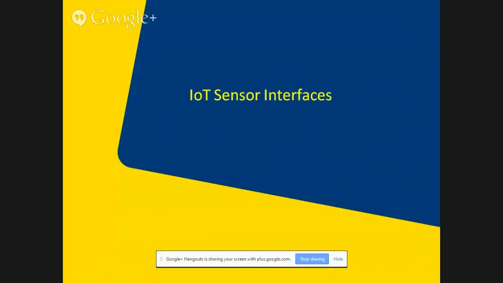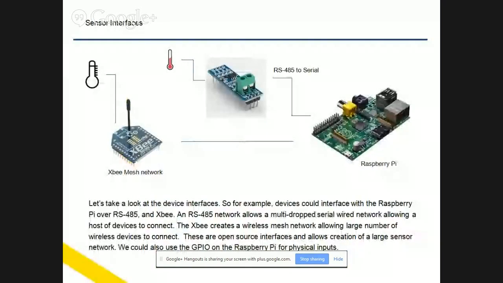Now we come to the sensor interfaces. So we have a sensor like we've been seeing all along. It could be a thermostat, it could be a humidity sensor, or the like.